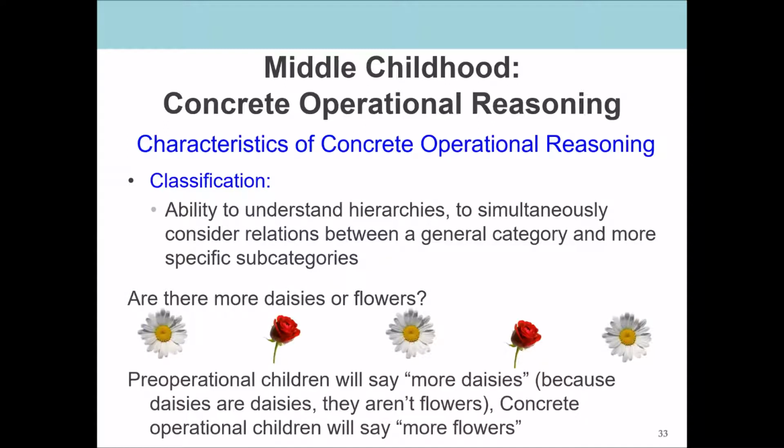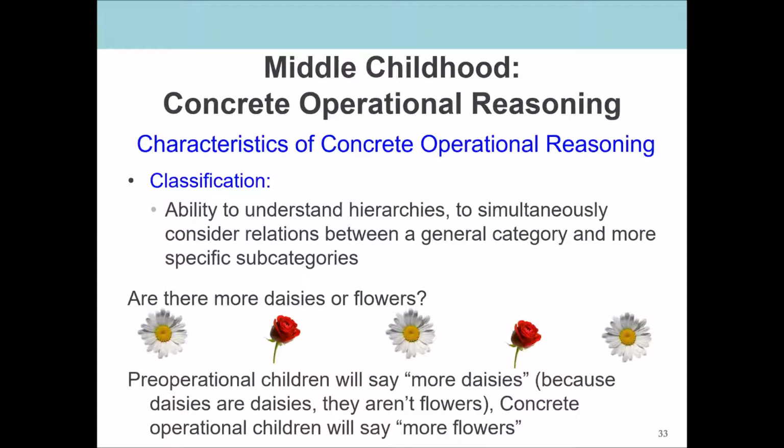They understand classification. They can understand hierarchies and relationships between a general category and more specific categories. So, for example, if I show you these flowers along the bottom and I ask you, or ask a child, are there more daisies or flowers? Pre-operational children will say more daisies because daisies are daisies, they aren't flowers.